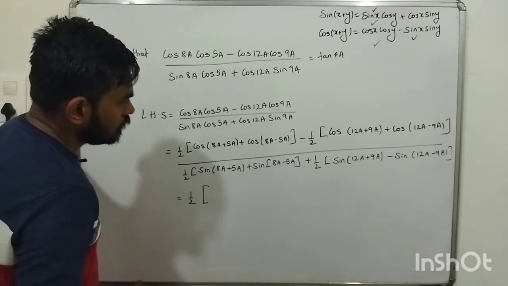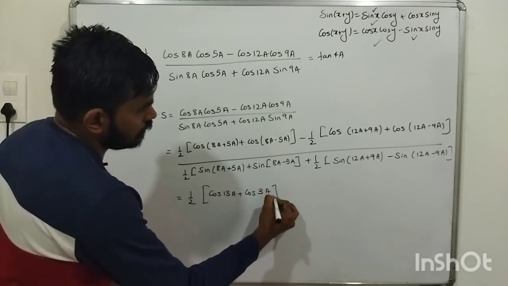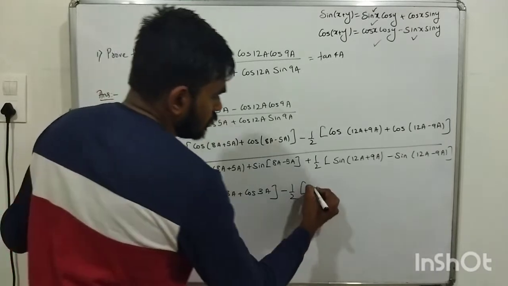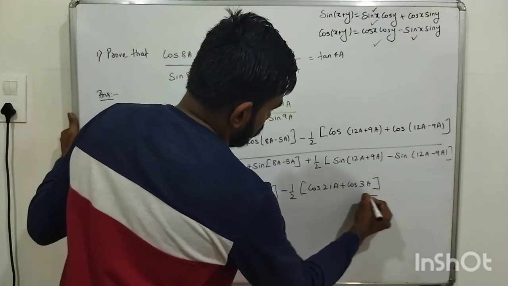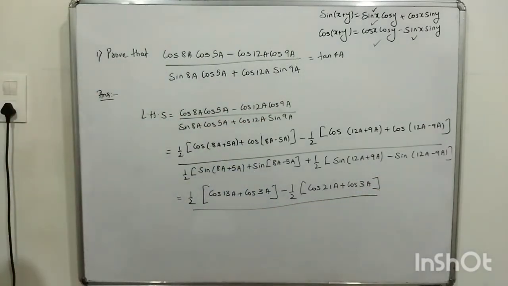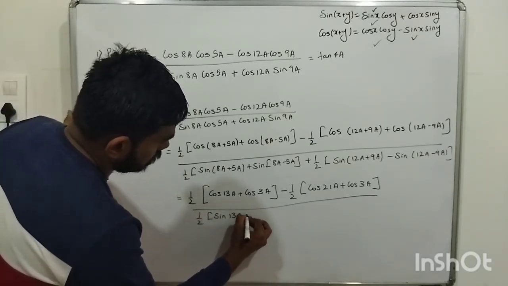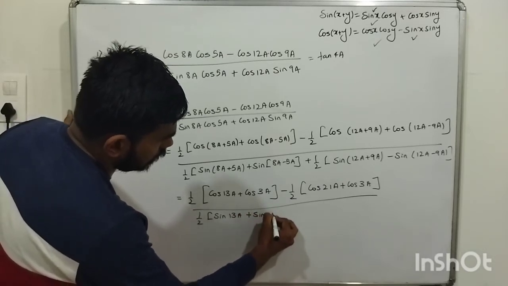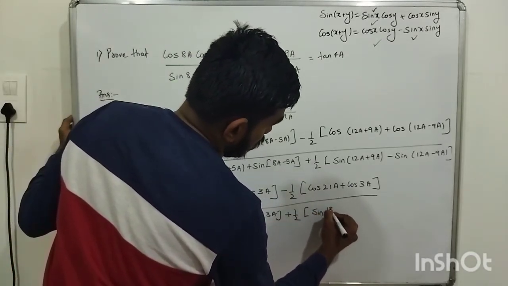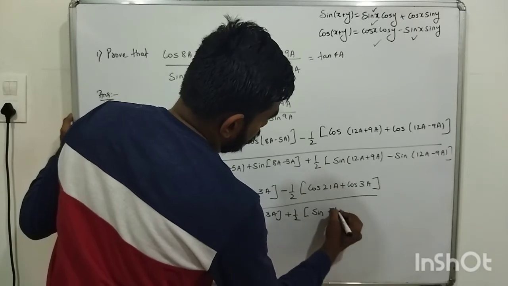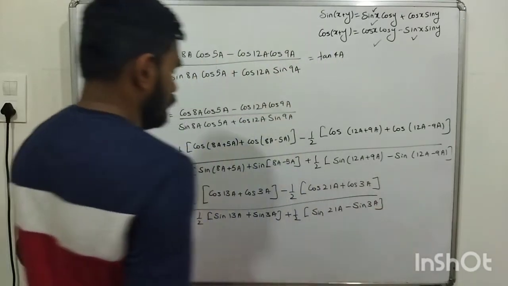First we'll simplify this: half cos 13a plus cos 3a, minus half cos 21a plus cos 3a, upon half sin 13a plus sin 3a plus half sin 21a minus sin 3a. Like this we get.